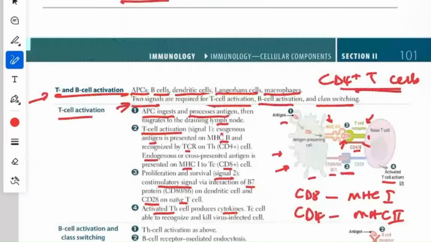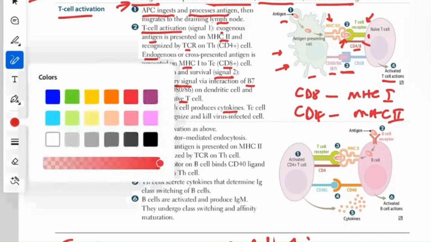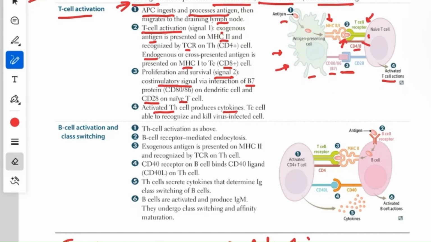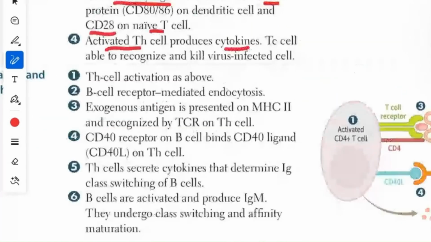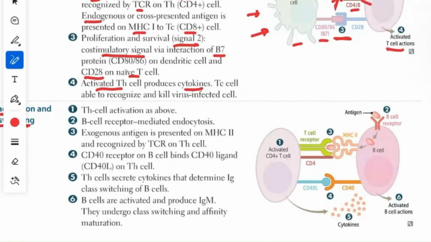Now, when the T cell is activated, let's look at B cell activation. All right. So let's narrow down to B cell activation and class switching. Okay, so we have the T cell activation that happens as above.